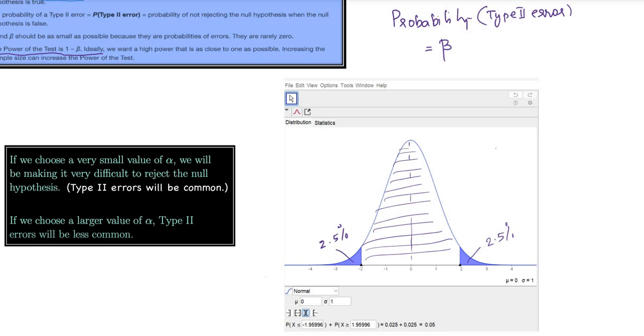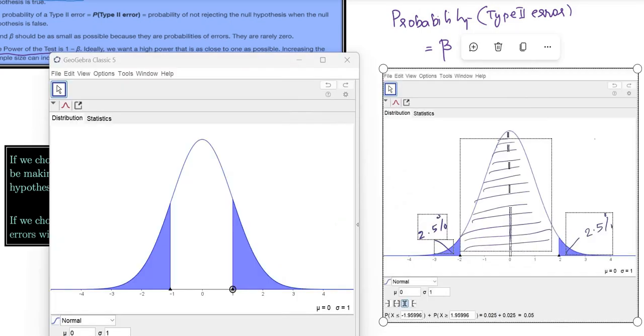But if we increase the significance value on the two sides, then the two tails will have more area than before.